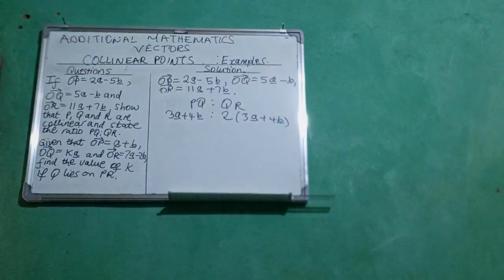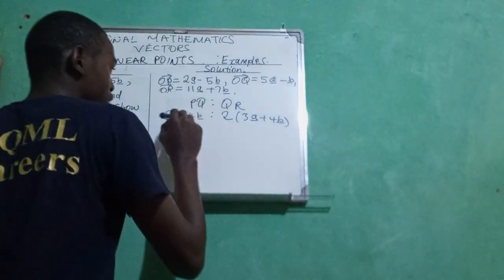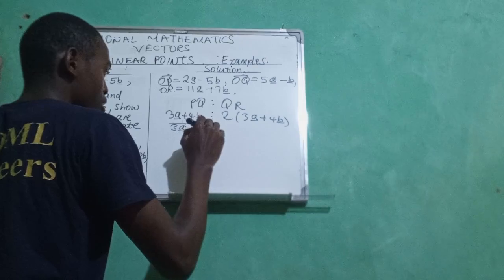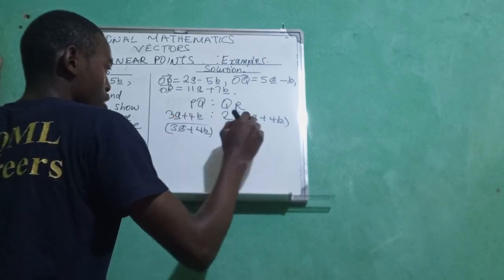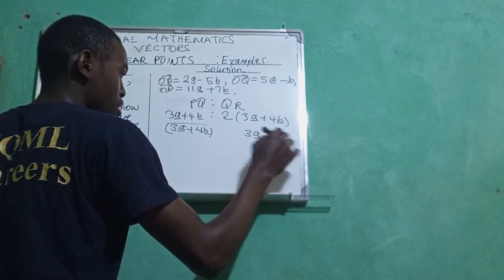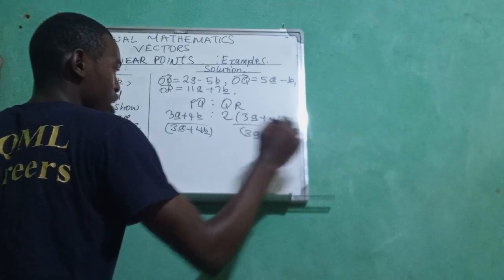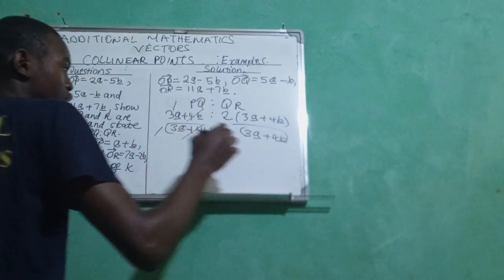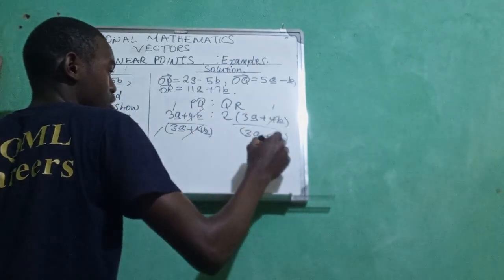So to find the ratio, we just divide by the common vector, 3 of vector A plus 4 of vector B. We divide both sides. This is 1, this is 1, this is 1, that is 1.